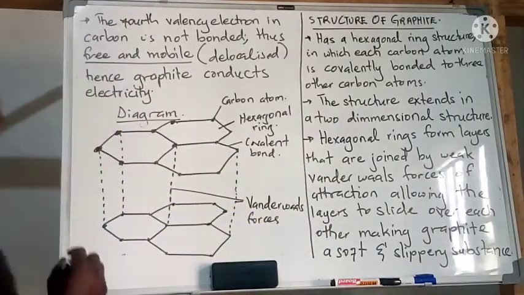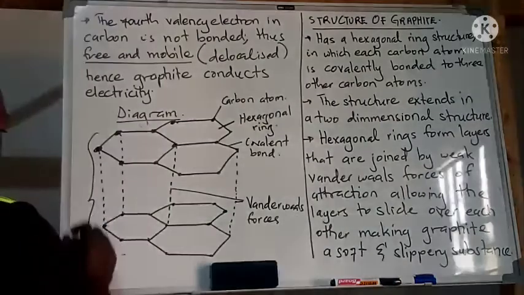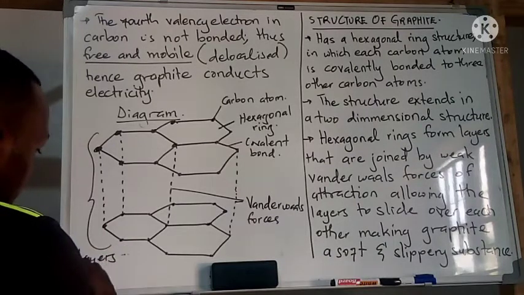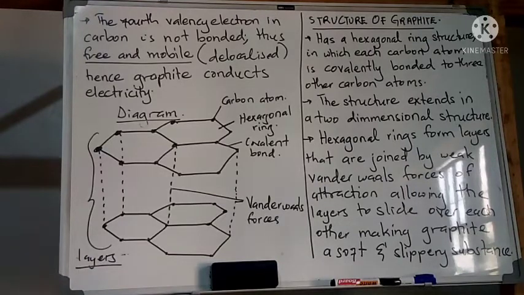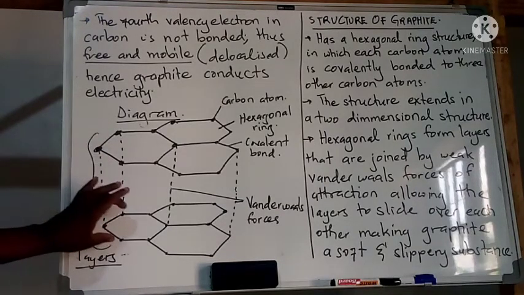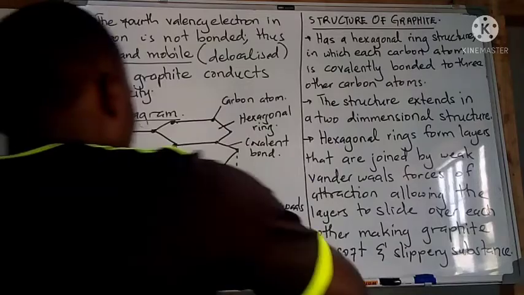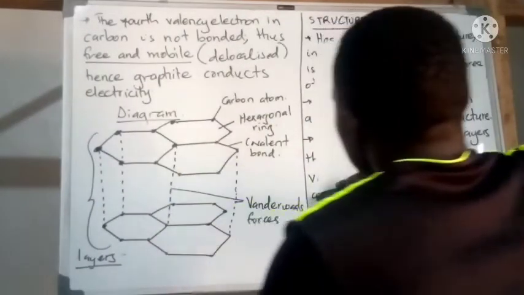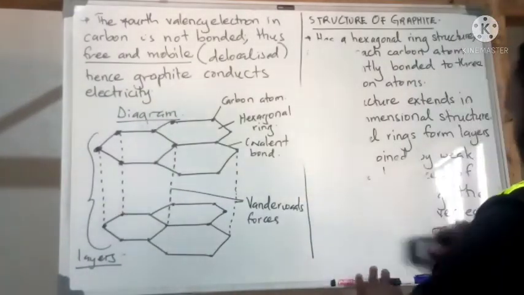These are layers, as shown. So that is the structure of graphite. This is the first layer and this is the second layer. So when it comes to the structure of the two crystalline forms of carbon, that is how we can basically describe the structure.